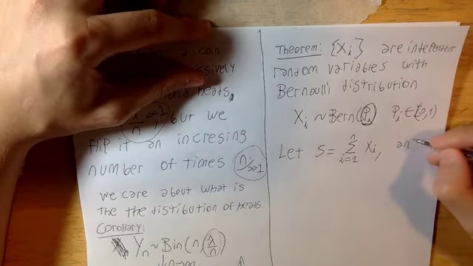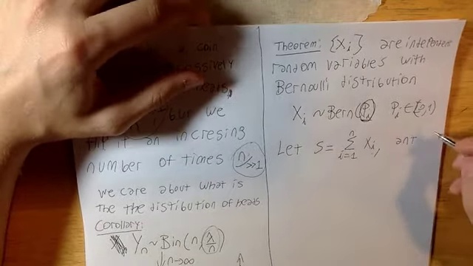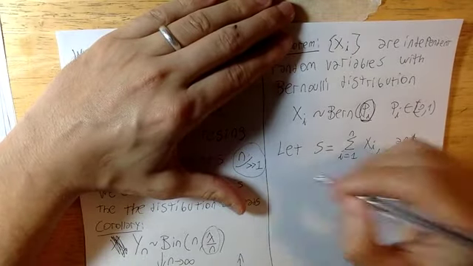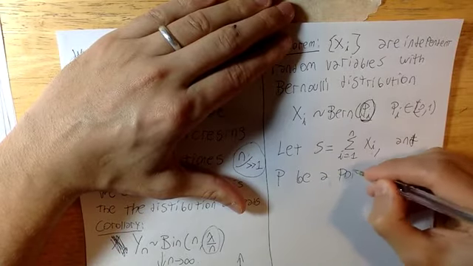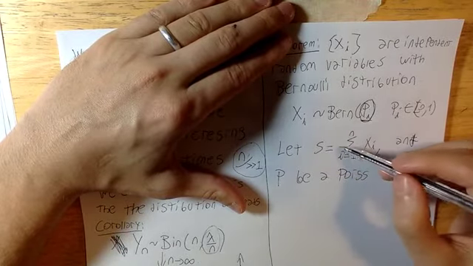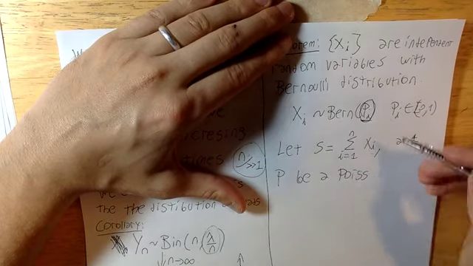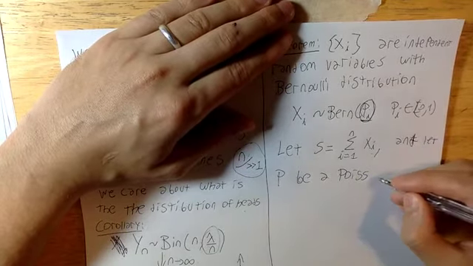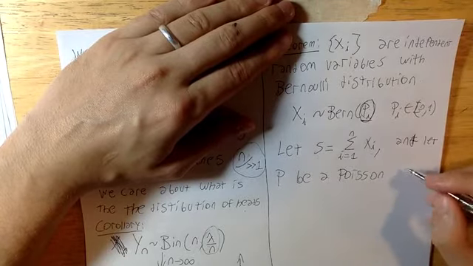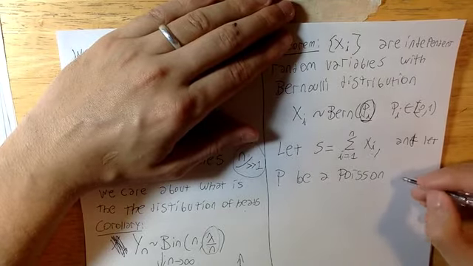Let S be equal to this, and let P be a Poisson random variable.